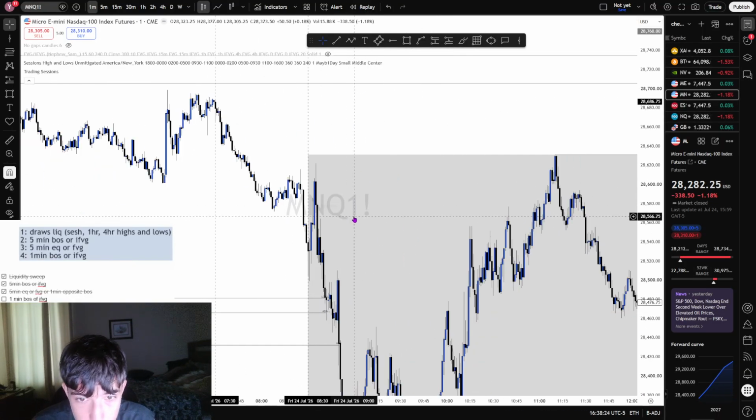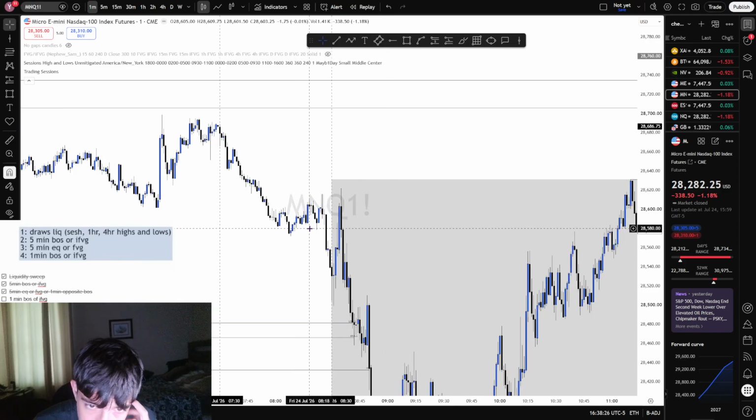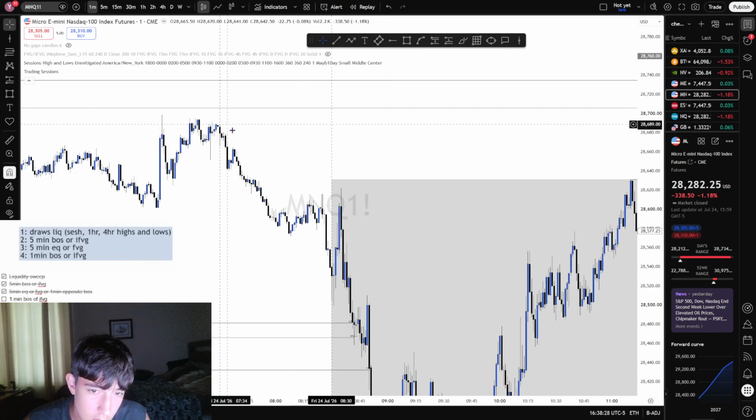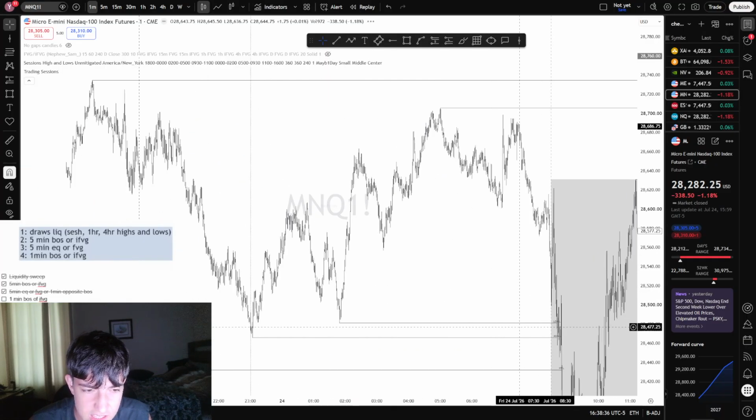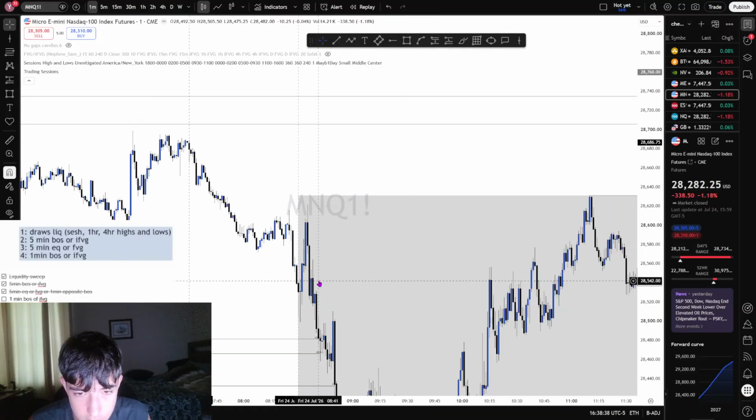So we're gonna trade that. We're gonna have to wait for the pullback and then continuation of the trade, targeting these lows right here. So what are we gonna do?